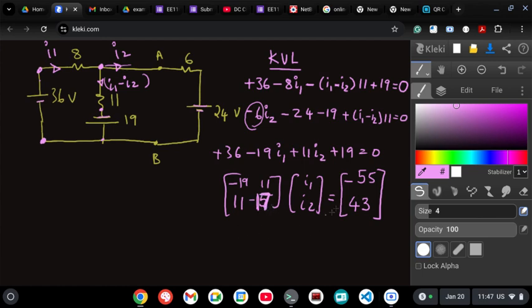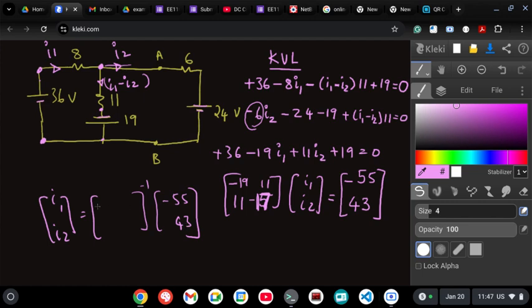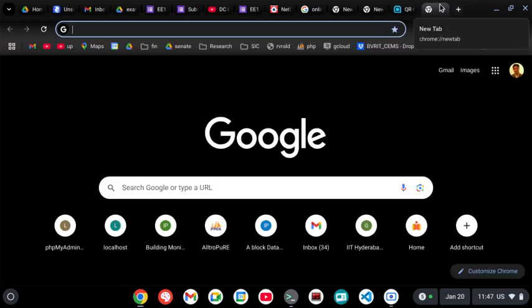So now I got this. Now I can solve for I1, I2 equal to the inverse of this matrix multiplied by minus 55 and 43. How do you invert a matrix? So we'll go to Google Sheets.